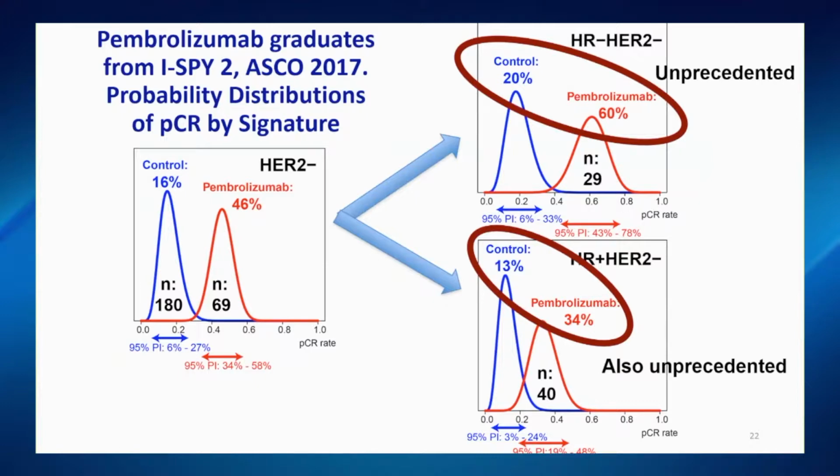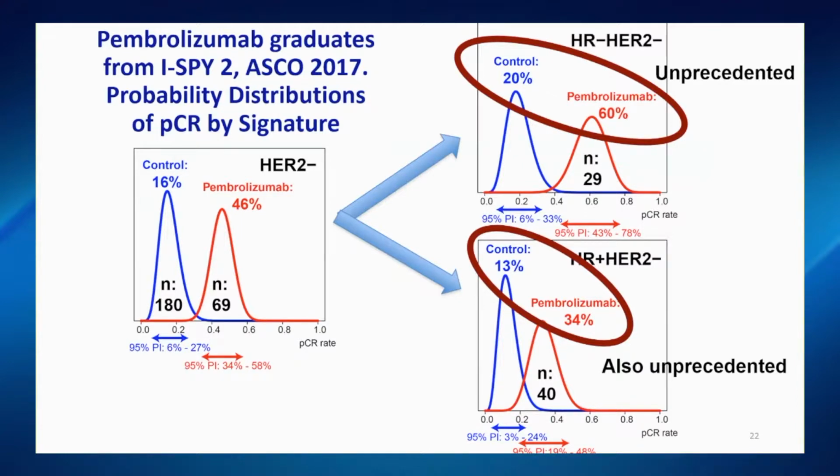So this is the final answer. 69 patients total, 29 of them were in triple-negative disease. Pembro graduated in triple-negative disease before these results.